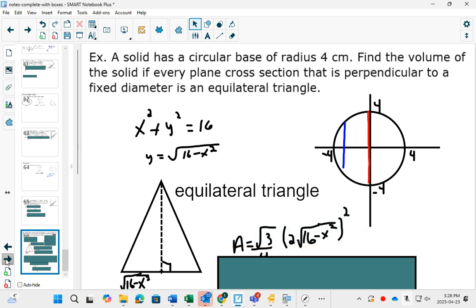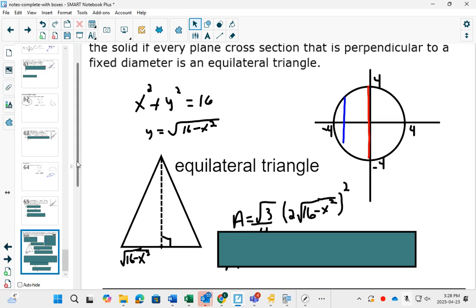The area of an equilateral triangle was that root 3 over 4. We're going to take our radius, our diameter actually, and square it. Now, if you got the y by itself, does it make sense that normally you have plus or minus here? Technically, the way that I've written it here, this part is only the top semicircle.